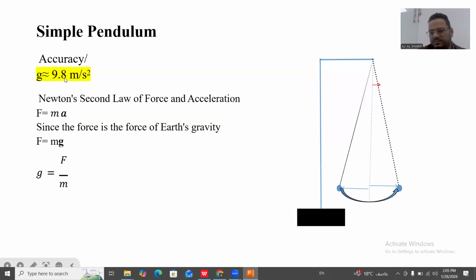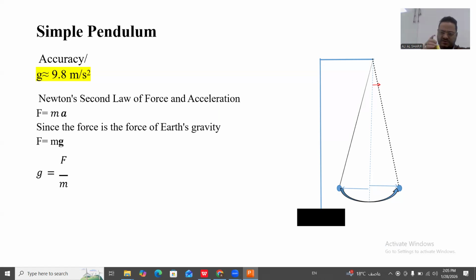by the accuracy, the result of the acceleration, and we will depend on this number to reach the nearest value. Newton's second law says any force equals the mass times the acceleration.